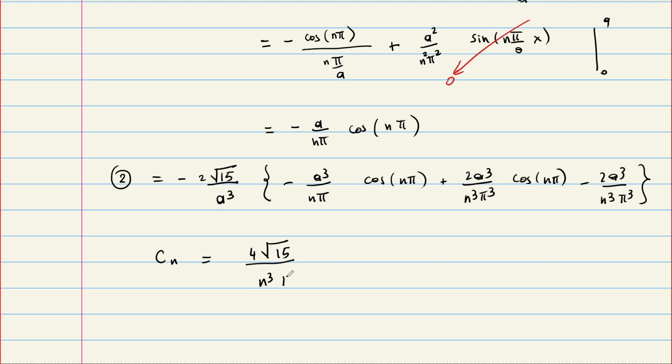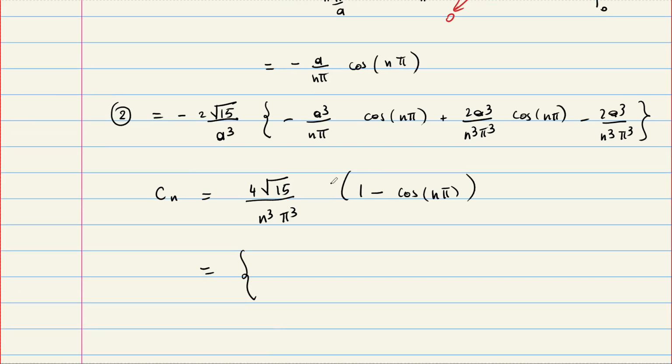It's like n cube pi cube times 1 minus cosine n pi, and this is equal to 0 if n is even, because if n is even, cosine is 1, 1 minus 1 is 0, and otherwise it's minus 1, and it's going to be 8 root 15 divided by n cube pi cube if n is odd. Good.